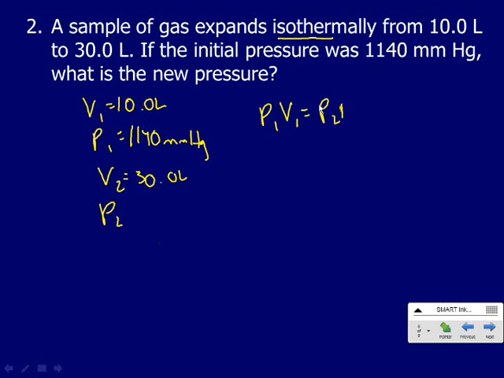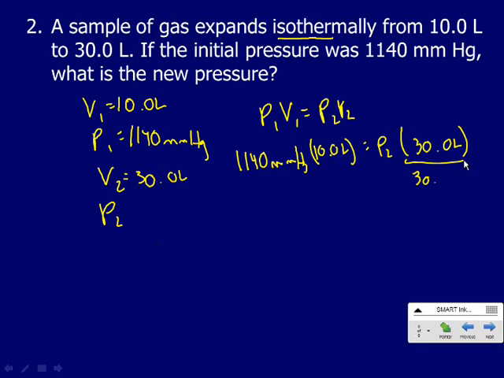P1 V1 equals P2 V2. Whoops, that's a horrendous V. 1140 millimeters mercury. Volume 10 liters. P2 is what we want. 30 liters.